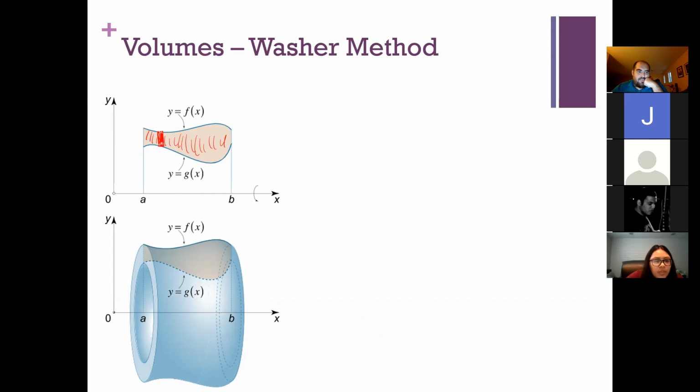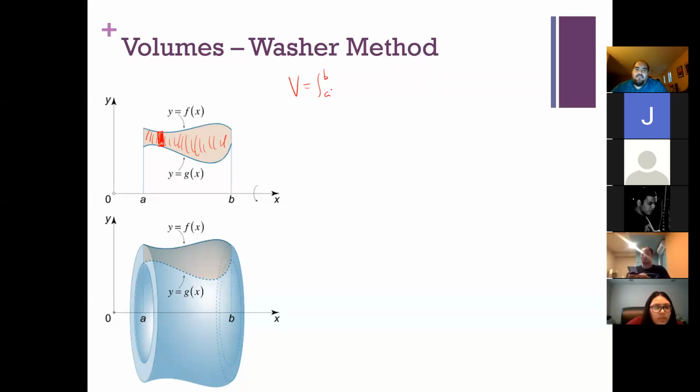If I wrap this rectangle around the x-axis, you're going to get all these different washers, basically cylinders that have another cylinder removed from them. I'll go ahead and recreate it here. They're calling the upper function F. So really what we have here is, I keep forgetting this little pi.